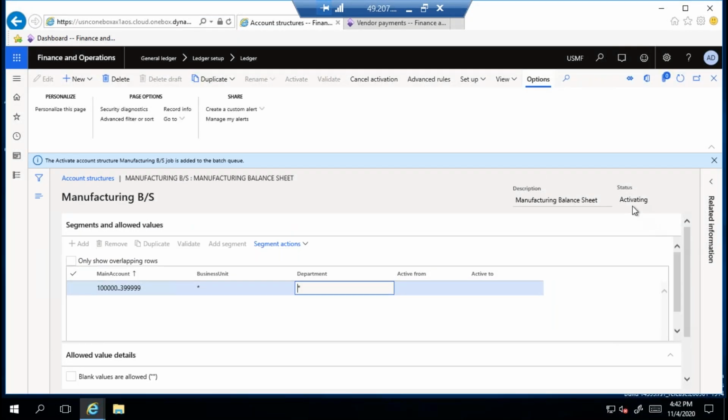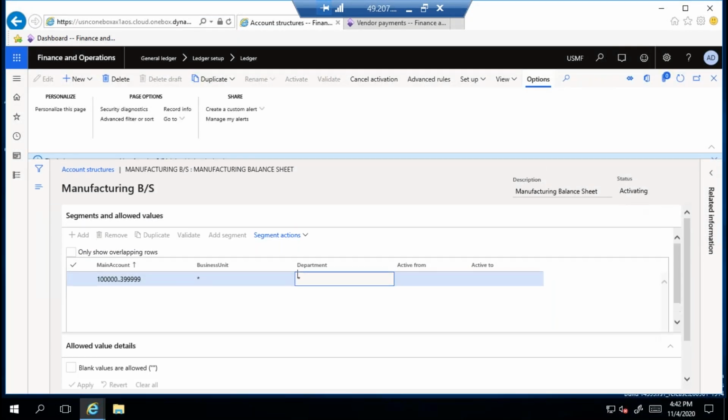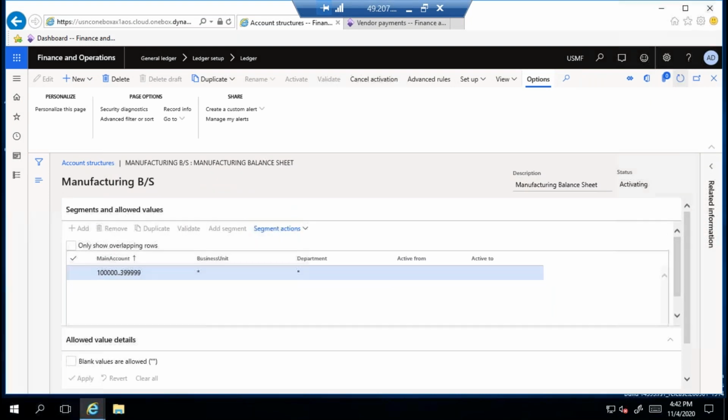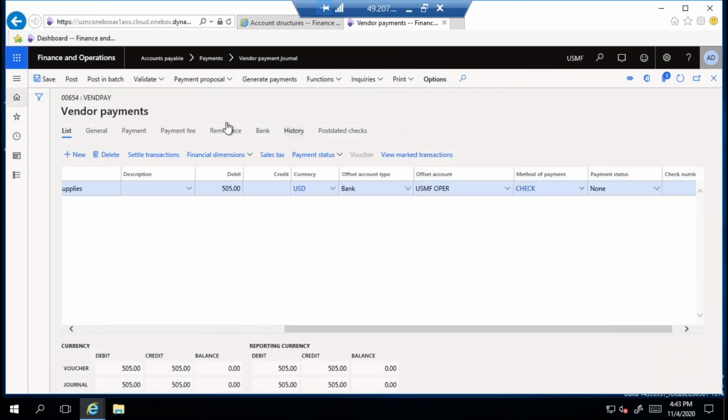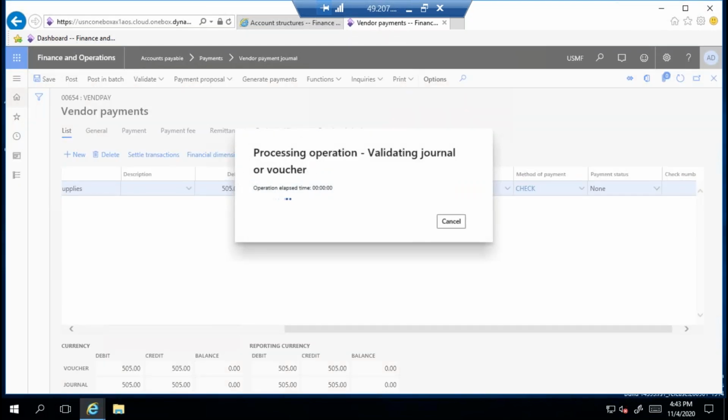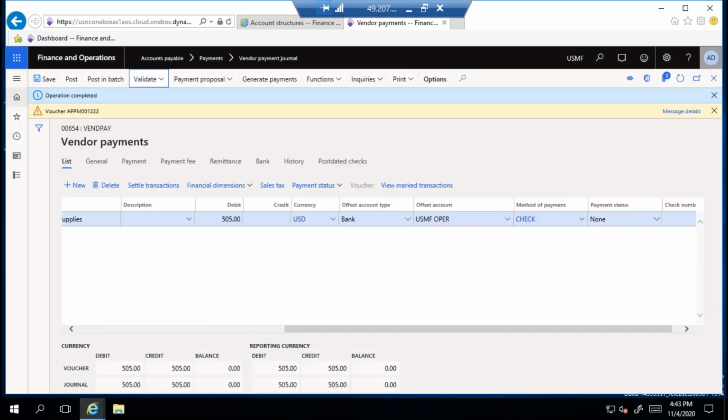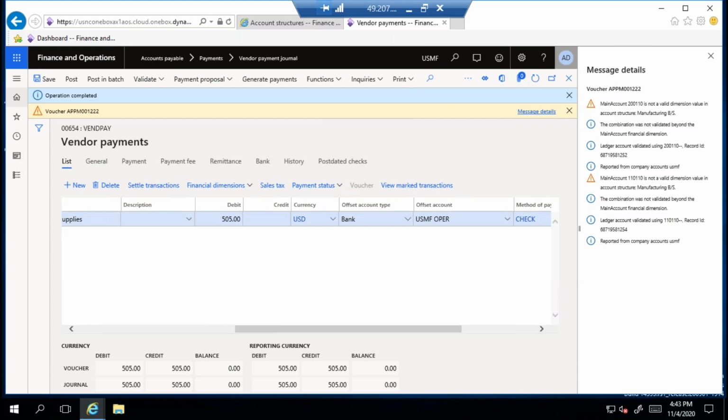So it is activating. Once it is refreshed, it will be active. Okay, now it is active. So now let me try and see what is happening. Validate. Once again, the message details.